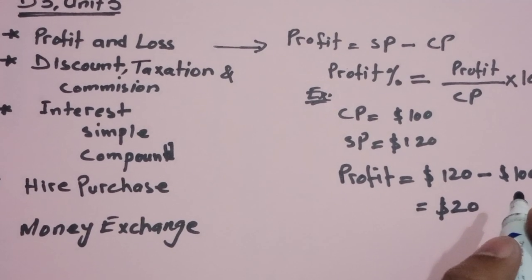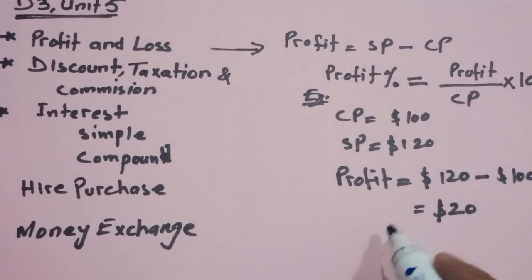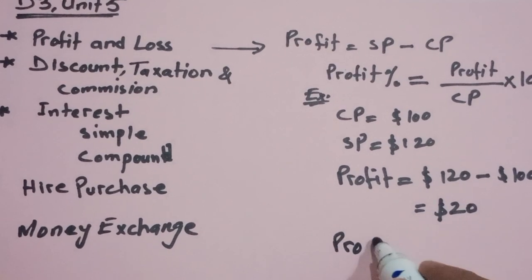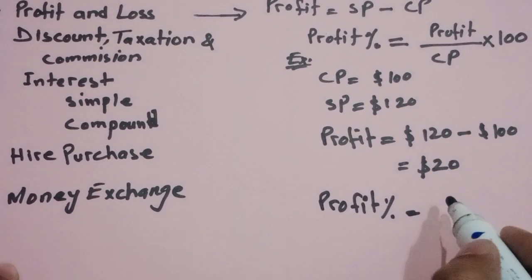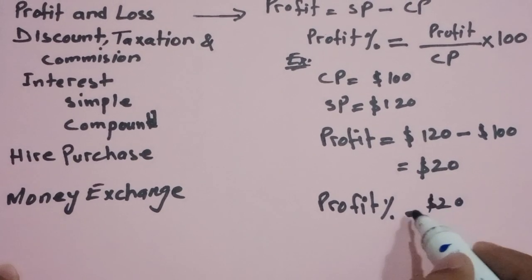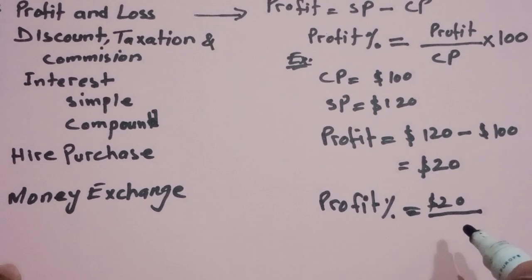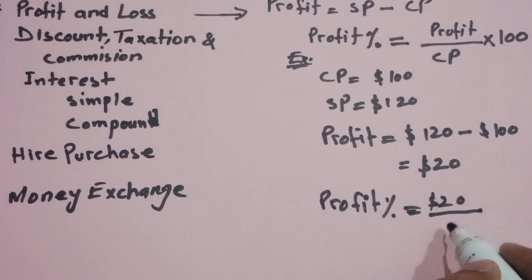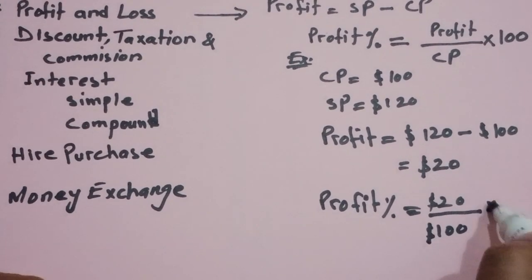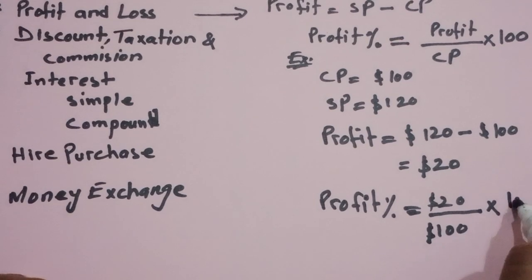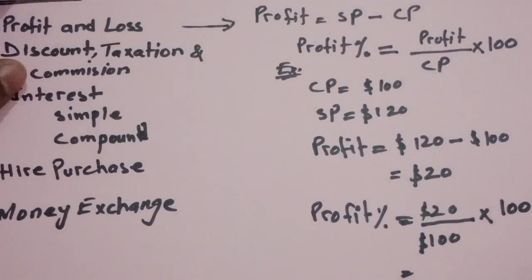But if we talk about profit percentage, by considering the second formula, it is based on the amount of profit, which is $20, over the cost price for that particular item, which is $100, and as we need to convert it into a percentage, we multiply by 100.